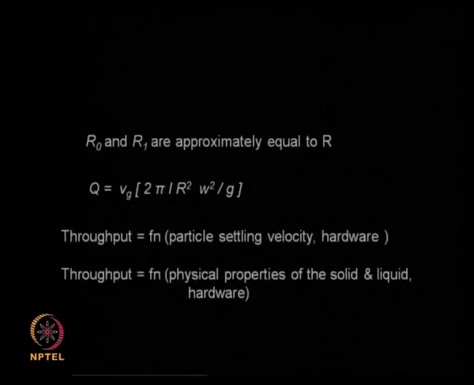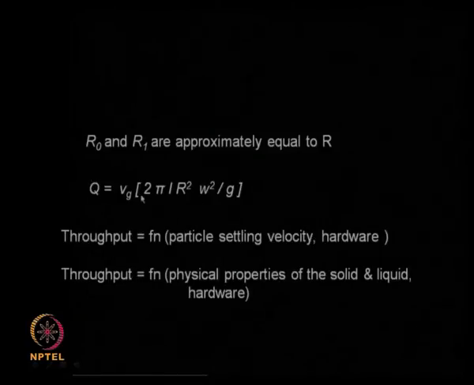Now if you assume R naught and R1, that is the radius of the bowl and the radius of the liquid, are almost equal and they are equal to R, then the equation gets very simplified to this form: Q equal to V g, that is the terminal settling velocity of the solid, L is the length of the centrifuge, R is the radius of the centrifuge, omega is the angular velocity, divided by G. So what does this mean?